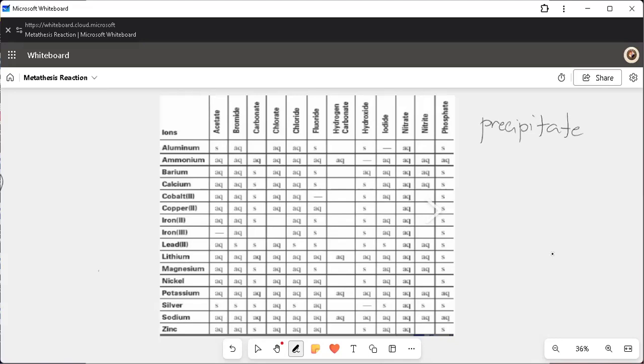And the symbol is small s. Meaning, if one of the products is aluminum combined with acetate, it will produce a solid material.